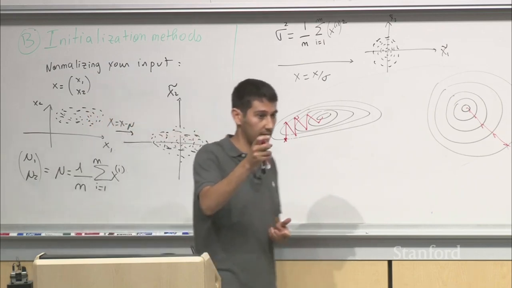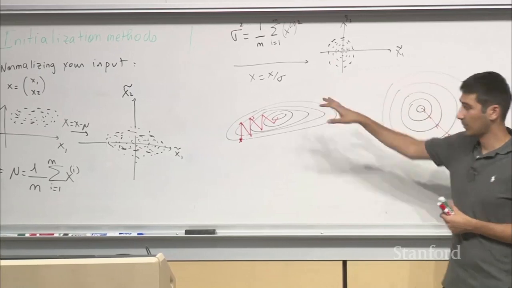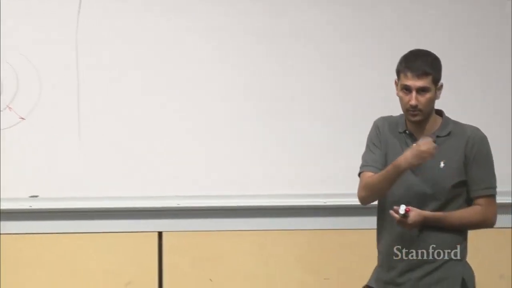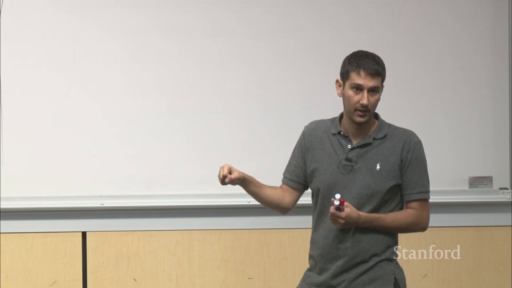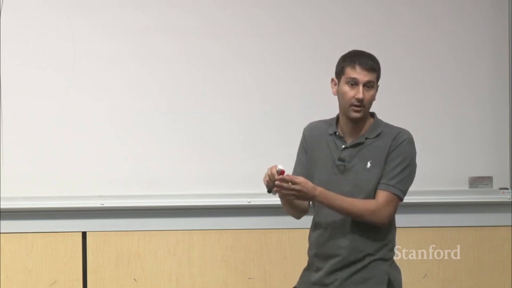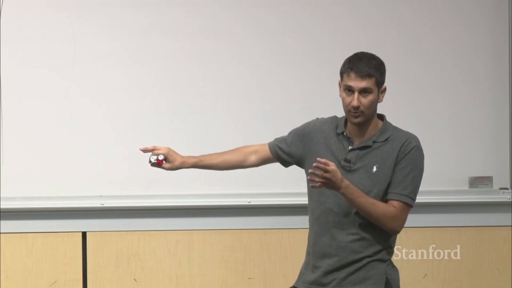Oh, one other thing that is important to notice. These sigma and mu are computed over the training set. You have a training set, you compute the mean of the training set and the standard deviation of the training set. And these sigma and mu have to be used on the test set as well. It means that when you want to test your algorithm on a test set, you should not compute the mean and standard deviation of the test set and normalize your test inputs through the network.